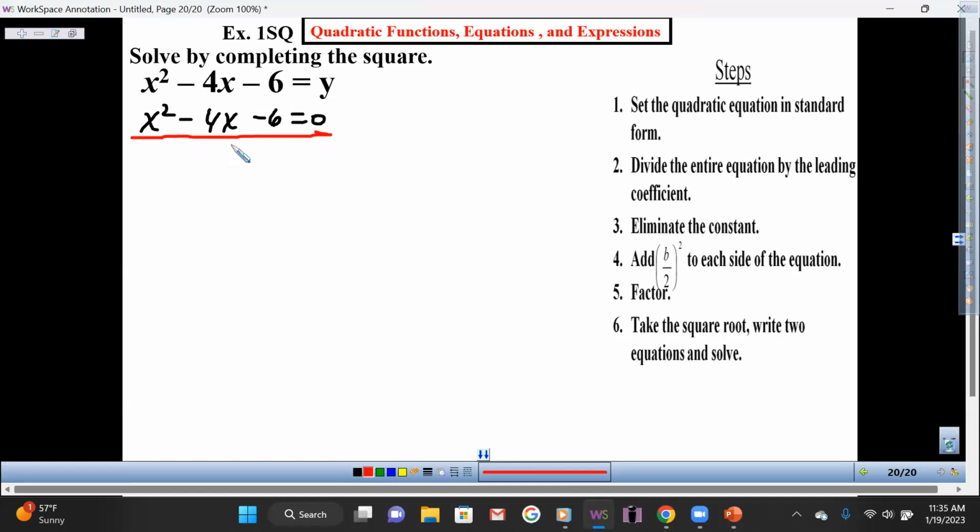Divide the entire equation by the leading coefficient, which is 1. So it's x squared minus 4x minus 6 equal to 0. Continue, Alessandra. Add 6, add 6. So we end up with x squared minus 4x, empty space, equals 6.